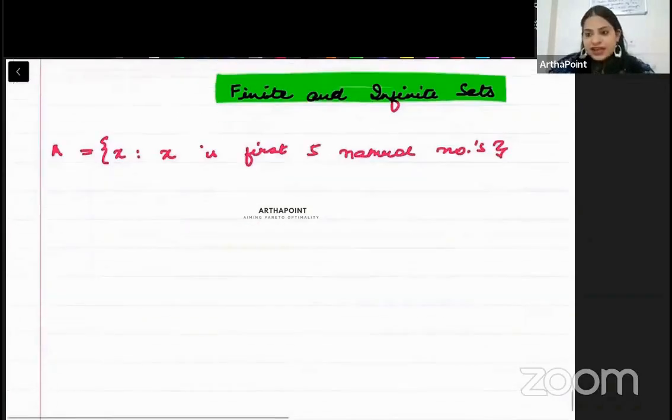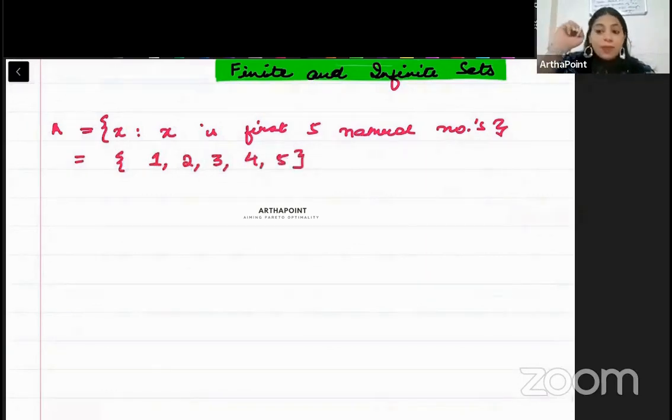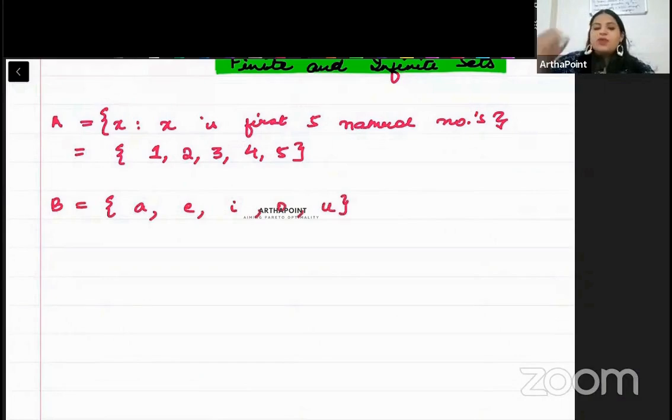So beta, this is a finite set, because x will only take the values 1, 2, 3, 4 and 5. But suppose B is the vowels A, E, I, O, U. Again beta, this is a finite set. Okay, so A is a finite set, B is a finite set.